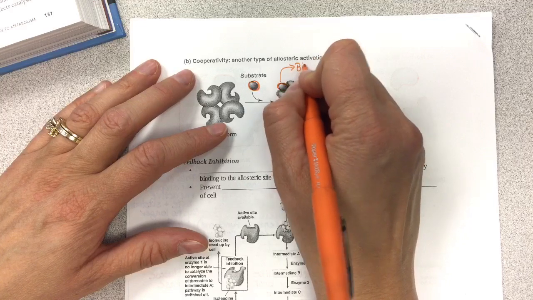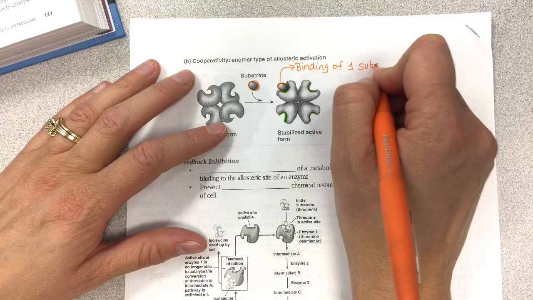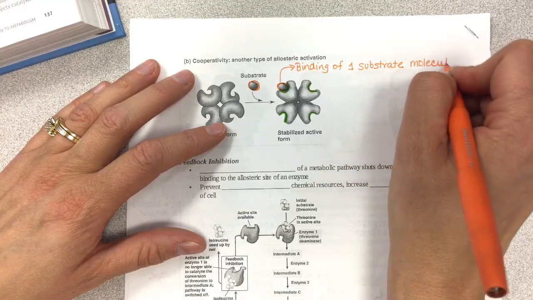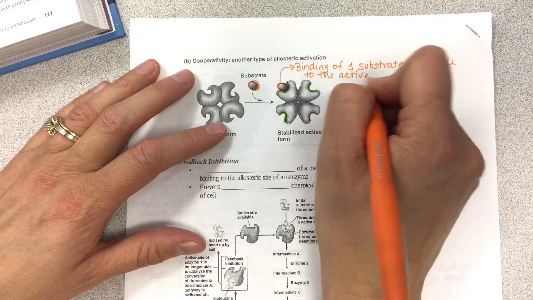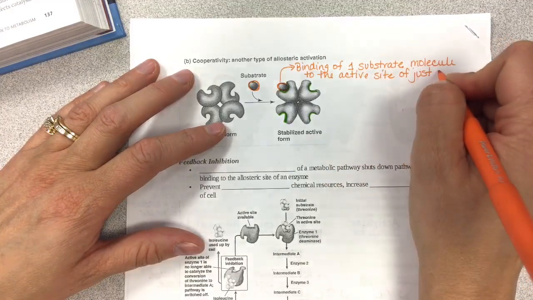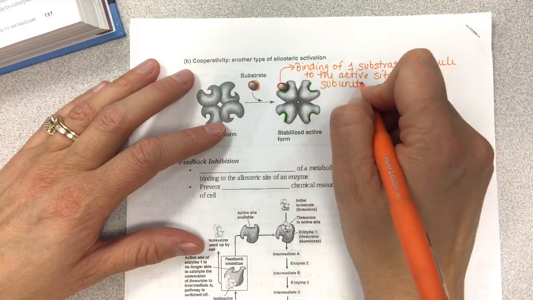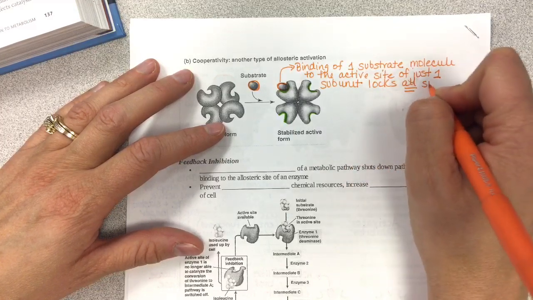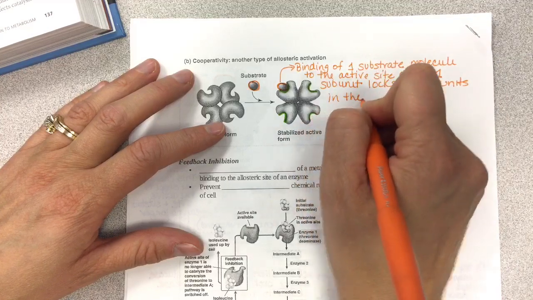Binding of one substrate molecule to the active site of just one subunit locks all the subunits in the active form.